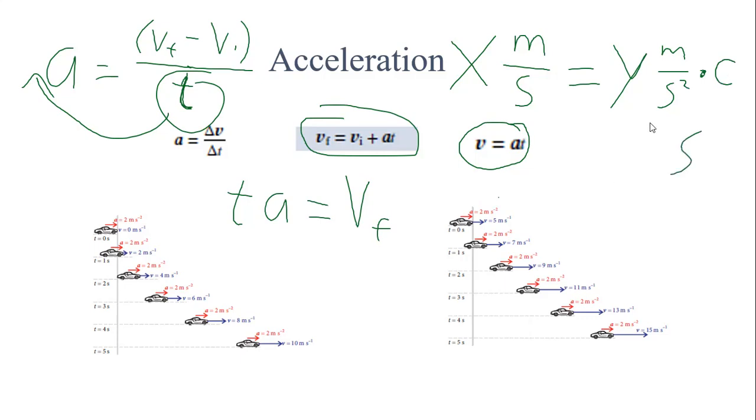Seconds. Let's move this seconds over here. Okay, c seconds. All right. So v equals at. So x meters per second equals y meters per second squared times c seconds.